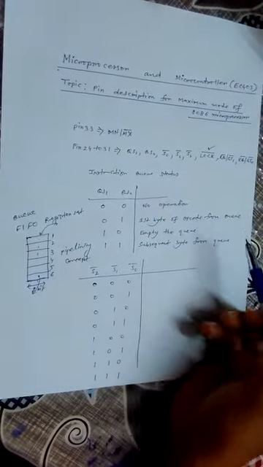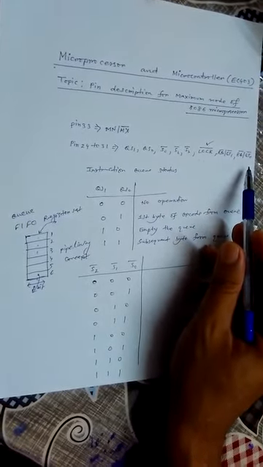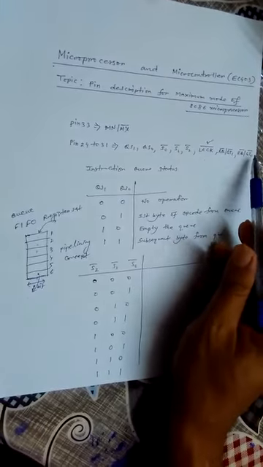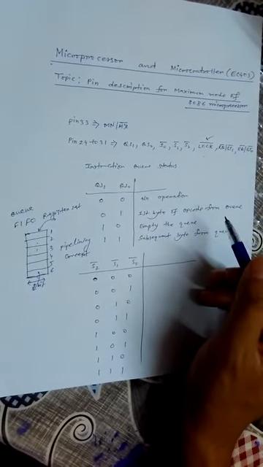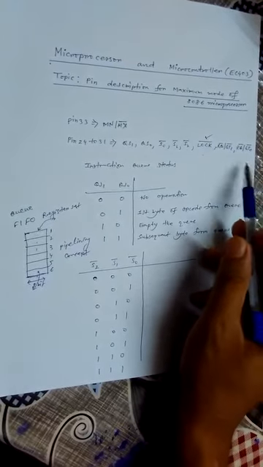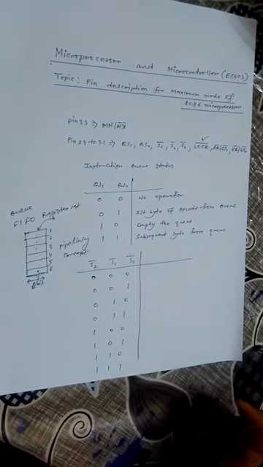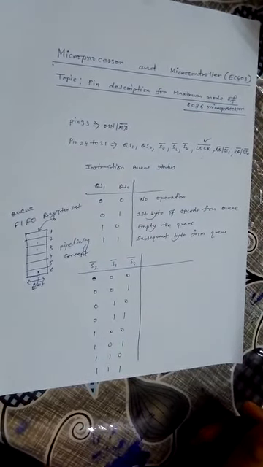After that, request grant 1 and request grant 0. This is pin number 30 and 31, local bus priority control. Another processor asks the CPU through this line to release the local bus.